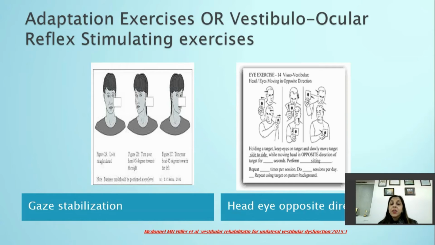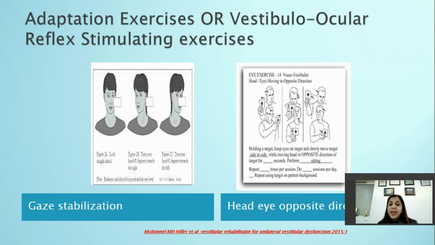We give this exercise for 10 to 15 seconds, performed in a sitting position, with 5 to 6 repetitions, 3 times a day, and repeat it with the target on a patterned background as well.